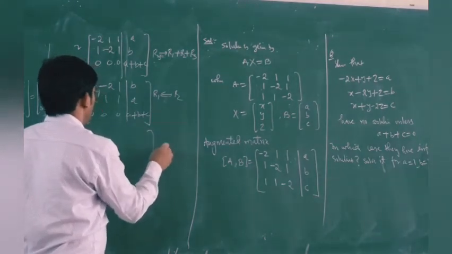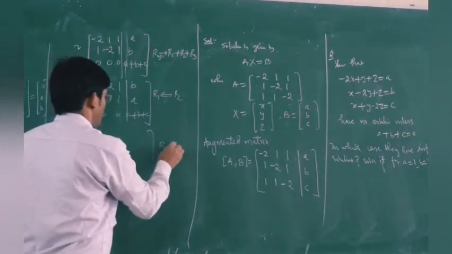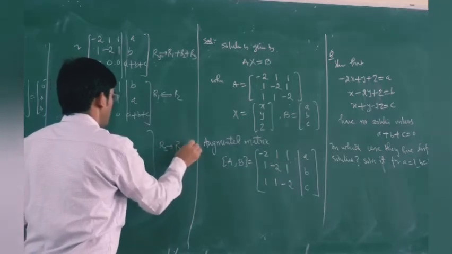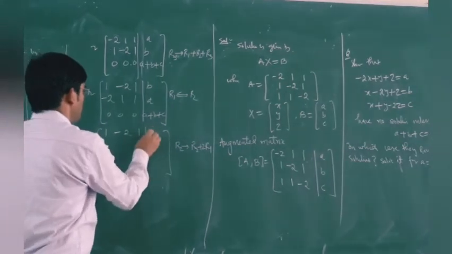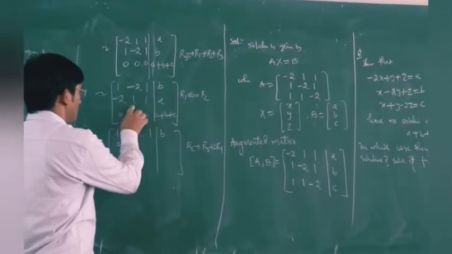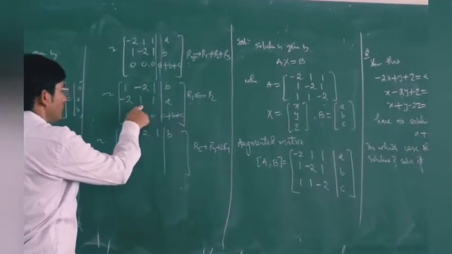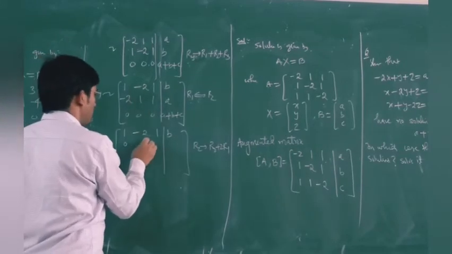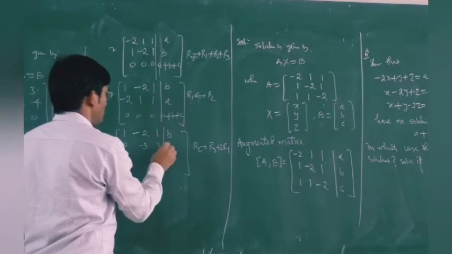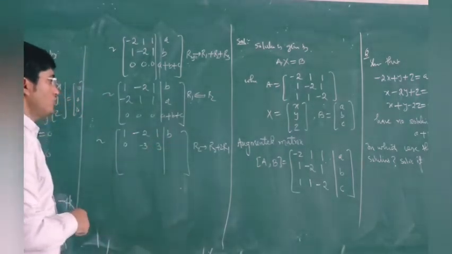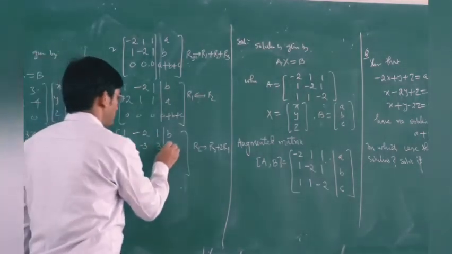So now R2 plus 2 times R1 implies 1, minus 2, 1, b. So this is your 0. Now this will be your 1 minus 4, so this is your minus 3. And this plus 2 times of this will be your plus 3. And R2 plus 2 times of R1, so this will be your a plus 2b.